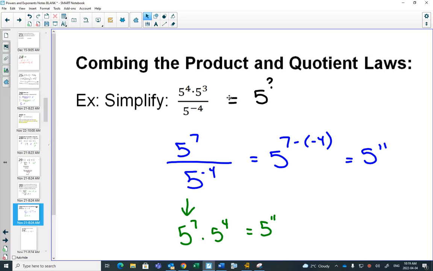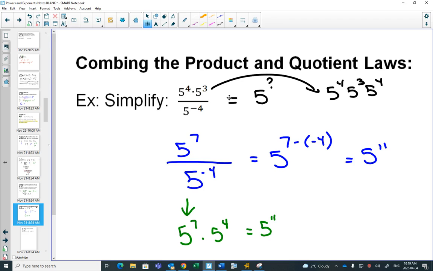Or I don't like negative exponents, so whenever I have a negative exponent, I move it. Could have moved it to the top right at the beginning. 5 to the 4, 5 to the 3, and then another 5 to the 4. And then be like, oh, I just have to add up all those exponents, and I get 11 that way.